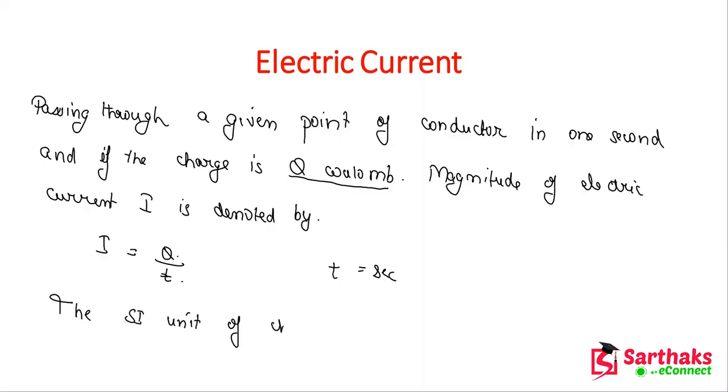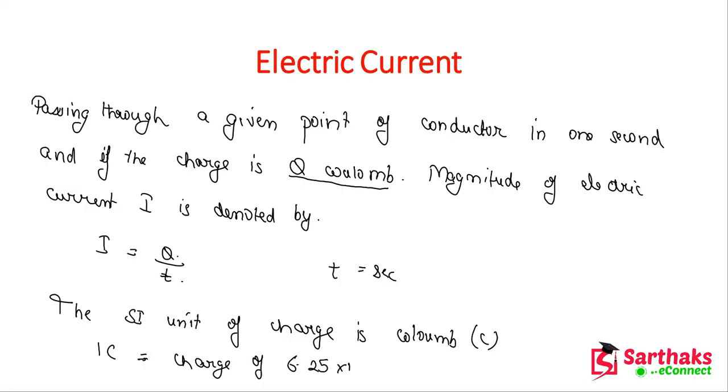The SI unit of charge is coulomb and we denote it by Q. So 1 coulomb is equal to the charge of 6.25 into 10 raised to the power 18 electrons.